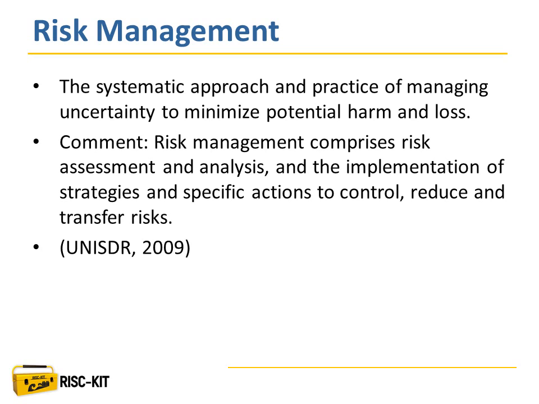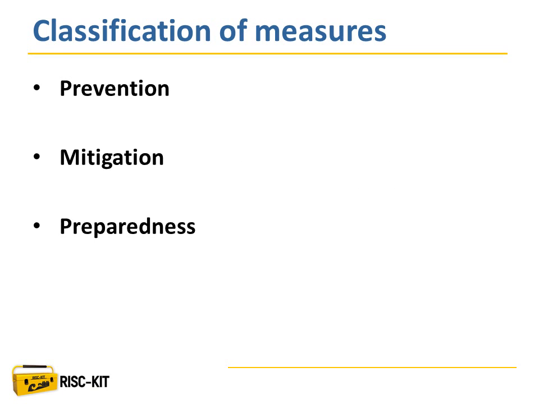All this is part of risk management. It's a systematic approach and practice of managing uncertainty to minimize flood potential and harm and loss. What comes out of this risk assessment is classification of measures, either in preventive, mitigative, or preparedness.